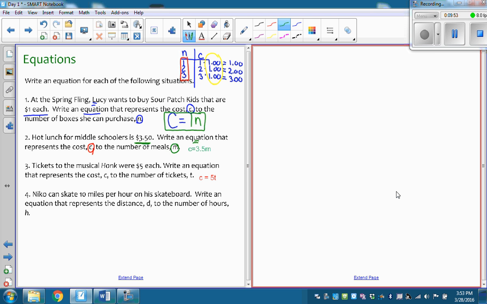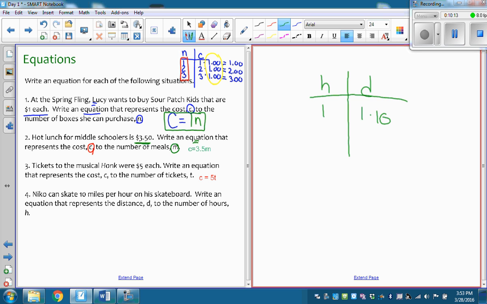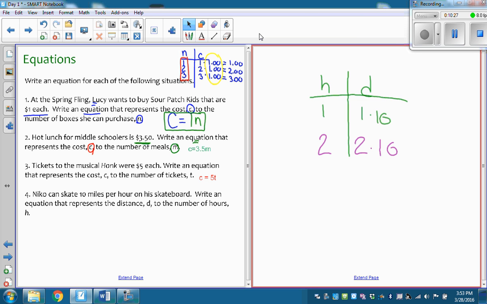So his distance might be different depending on how many hours he skates. So if he skates 1 hour, his distance is going to be 1 times 10. Oh boy, the board is really bad now. If he skates 2 hours, his distance is going to be 2 times 10. Those are supposed to be tens. Better type.